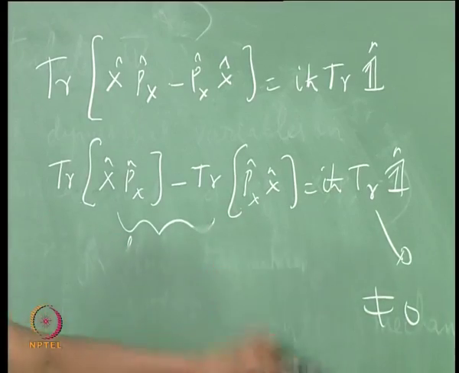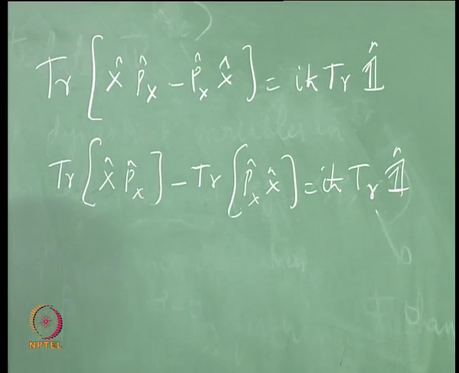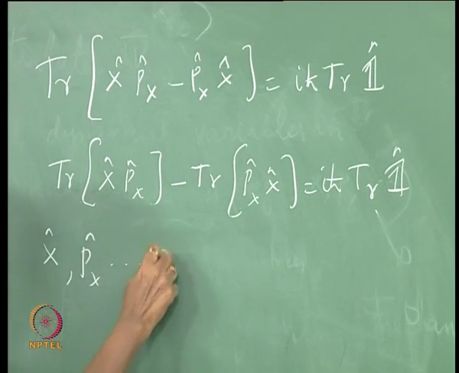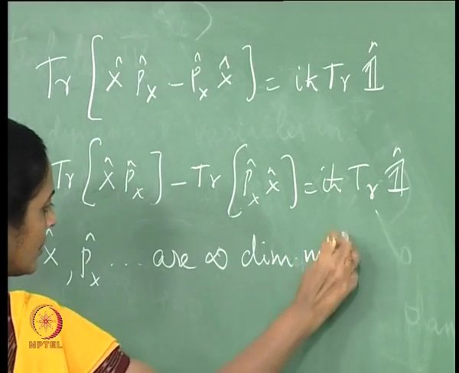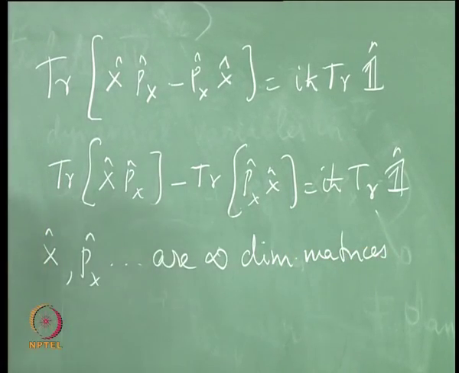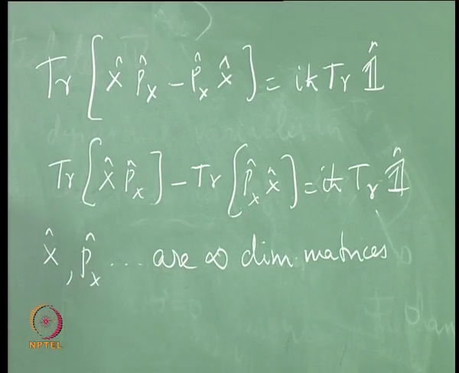So here is a very simple way of realizing that x, px, etc. are infinite dimensional matrices. That is, if I give matrix representation to these operators, they would be infinite dimensional.